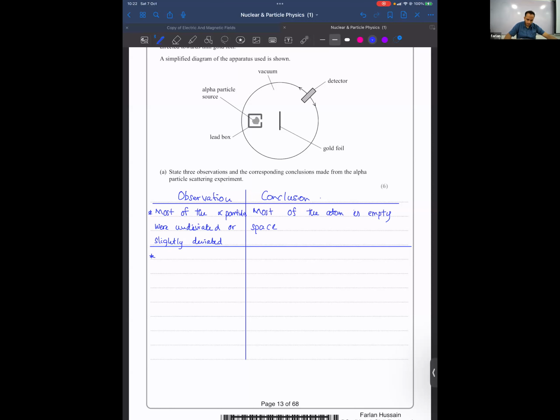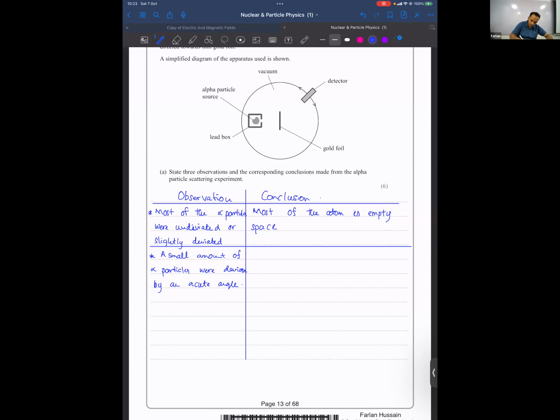The next observation. A small percentage of alpha particles were deviated by an acute angle. Okay.